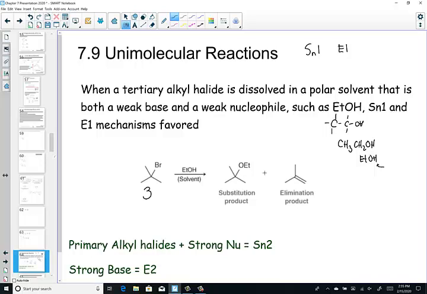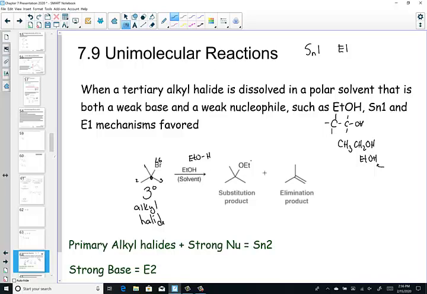So here, for example, we have a tertiary alkyl halide. The alpha carbon, the carbon that's attached to the leaving group, the bromine here, is attached to three other carbons. It's called an alkyl halide, and it's a tertiary. So in a substitution reaction, think about the EtO and the actual bond here in a stepwise mechanism, stepwise because it's unimolecular.